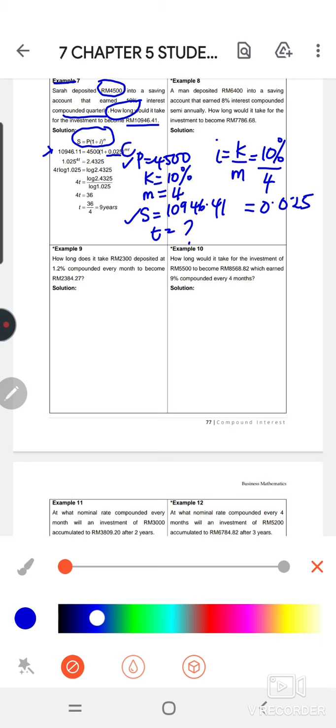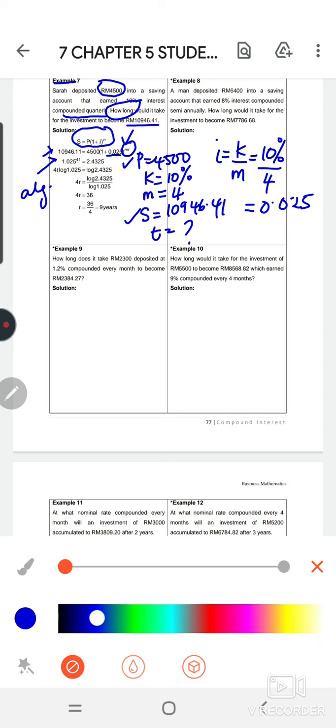And then M multiply by T, your M is 4. Kita dah ganti M ni dengan 4, tapi kita tak tahu nilai T. So, bila awak solve sebelah kanan, dia akan dapat 1.025^4T and then equals to 2.4325. Yang ni awak kena gunakan algebraic.